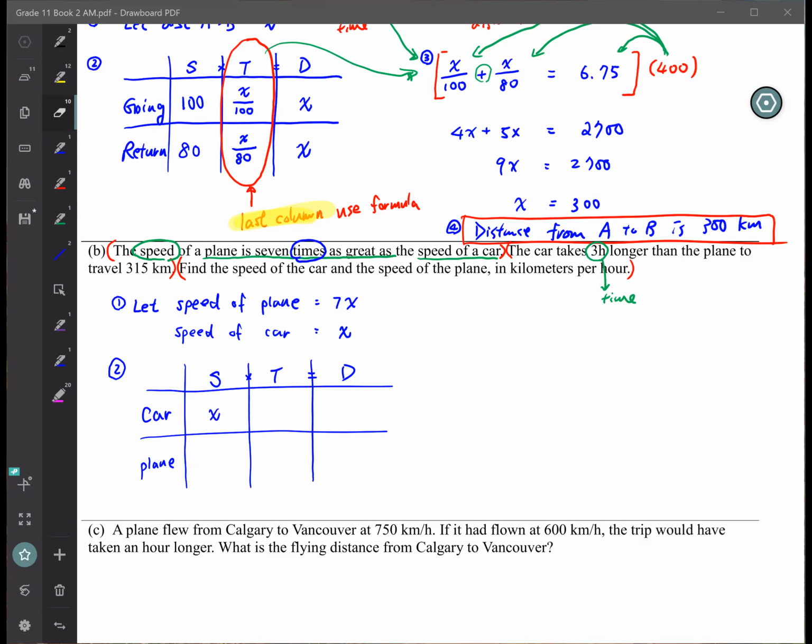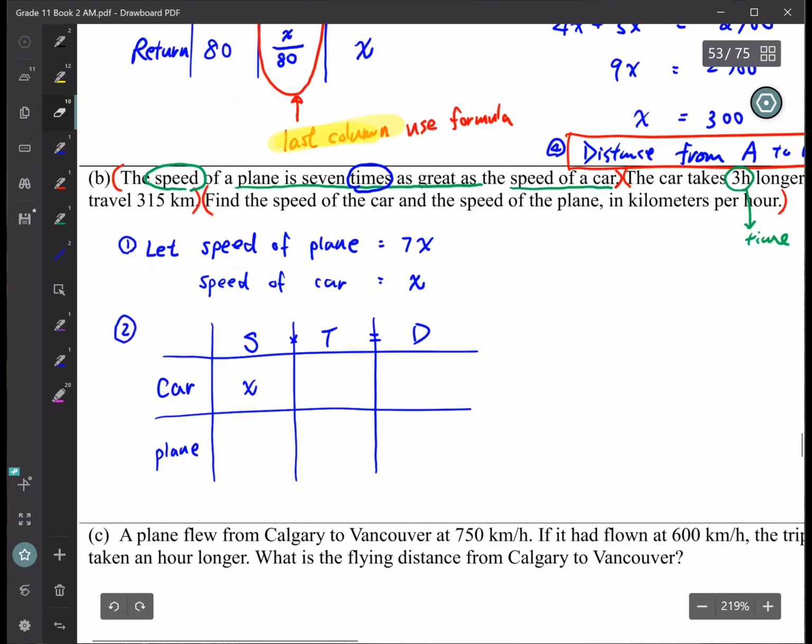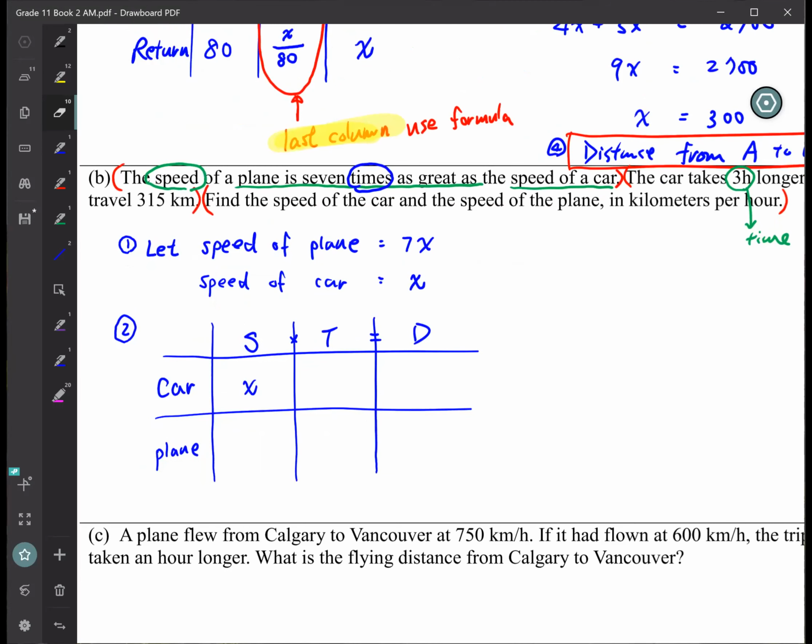Okay, Brandon, can you tell us what you have in the box? Let's go for the car first. What do you have for the car?